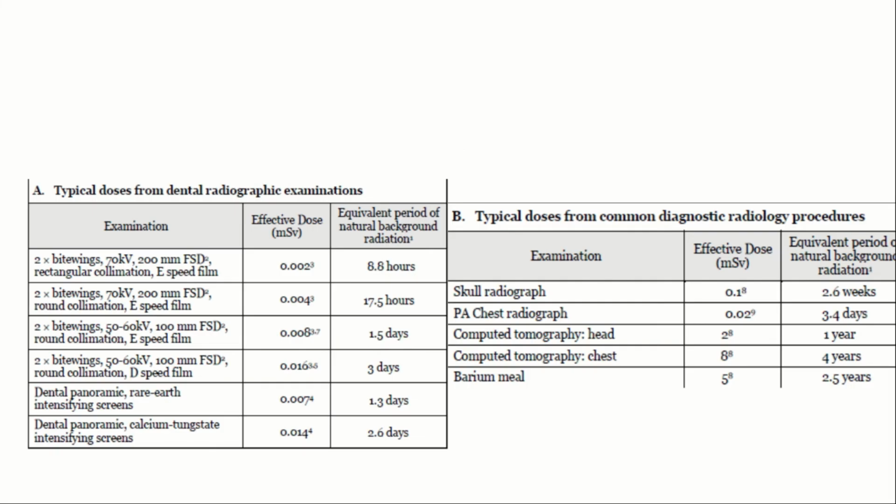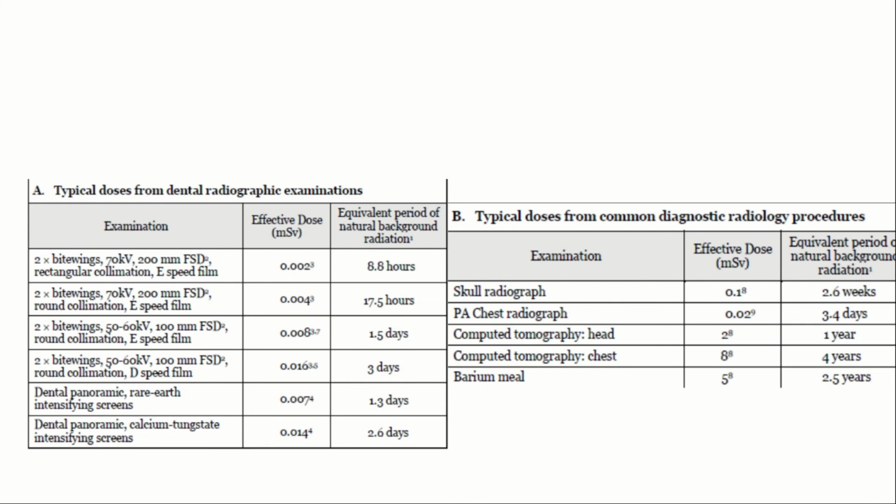For example, the effective dose of two bitewings with E-speed film is 0.002 millisievert. To achieve this, you have to be exposed to natural background radiation for 8.8 hours.